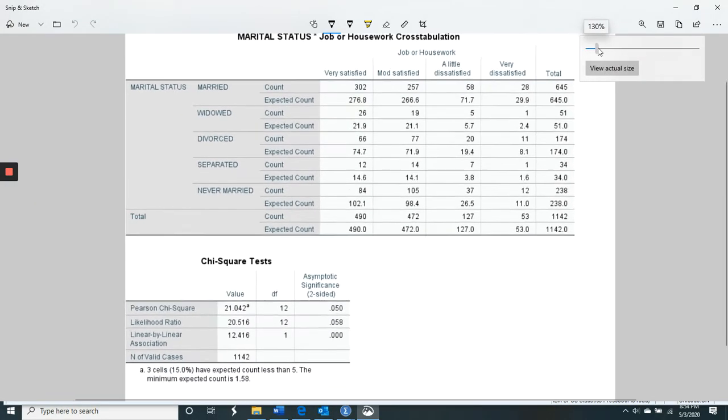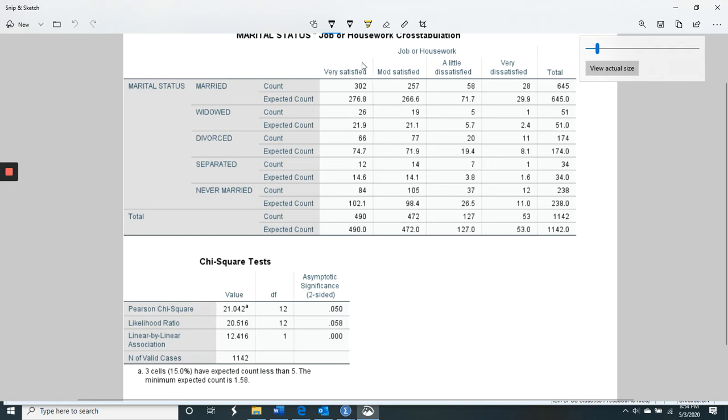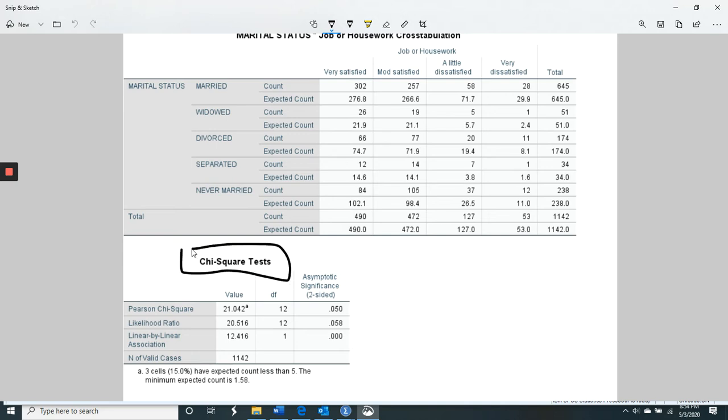The first thing I'm going to look at is whether the chi-square is significant or not. That's down here, this chi-square test. Here's the chi-square itself, the value of the chi-square, the degrees of freedom, and then this is the p-level.